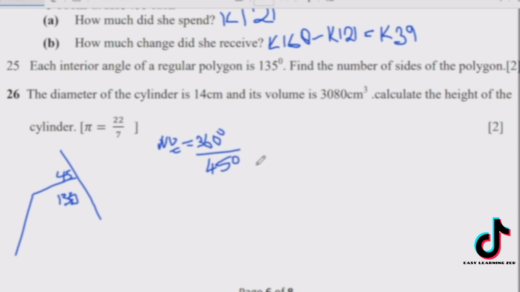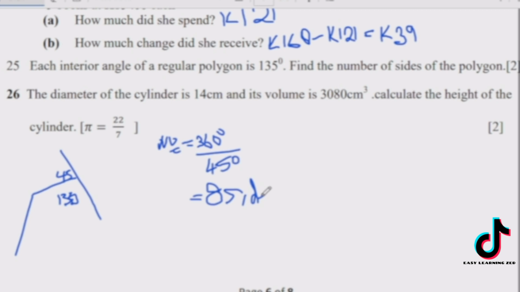So how many times can 45 go into 360? 45 degrees can go into 90 two times. In 180 it will go 4 times. So in 360 it will go 8 times. So this polygon has got 8 sides.